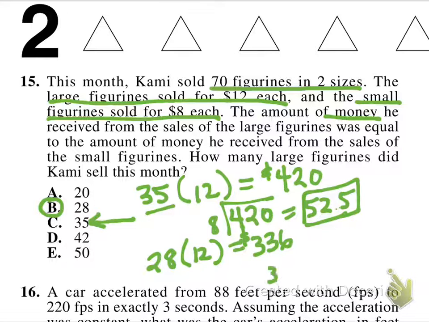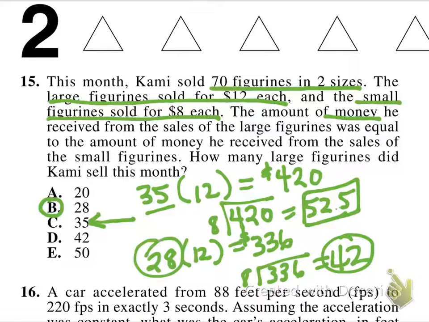If I take that number and divide by the cost of the small ones, divided by $8, that means I sold 42 small figurines. 42 plus 28 is 70, the number that I'm trying to get at the top. So I know that I got it right. I know that it's got to be B.